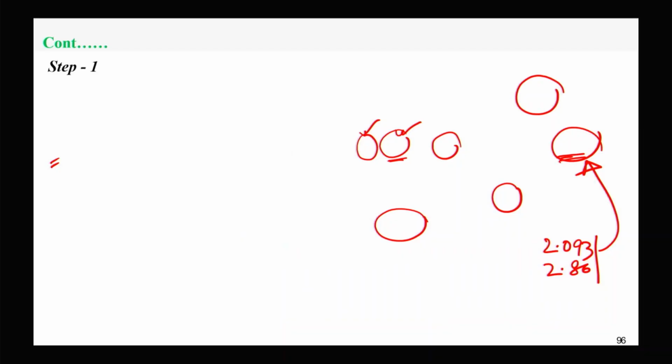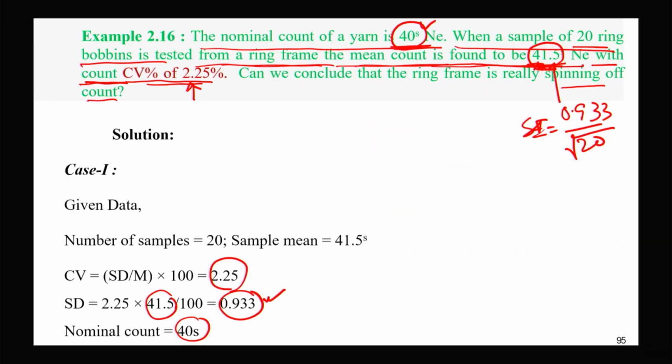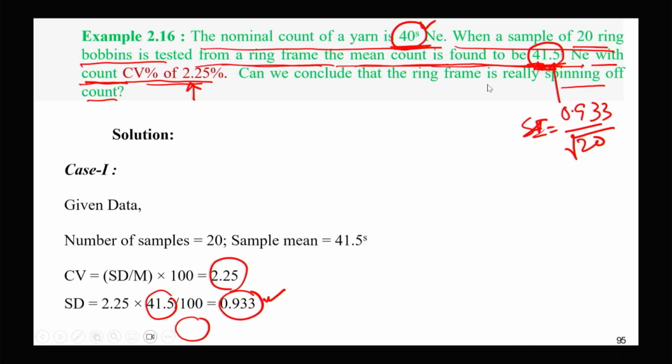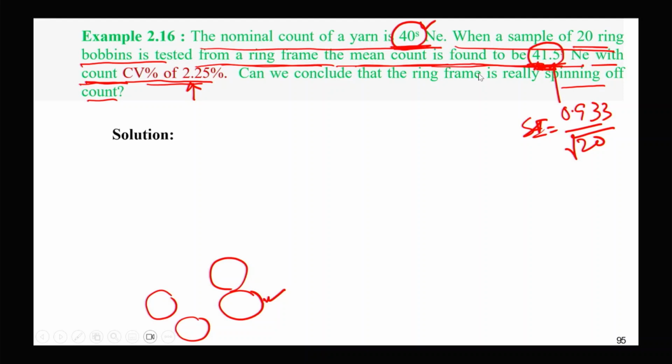Now let us see this problem in another way. With 40 and 41.5, we are concluding it's too fine. Now suppose the variability is very high. The data is the same, 40, 41.5, and 20 ring bobbins.